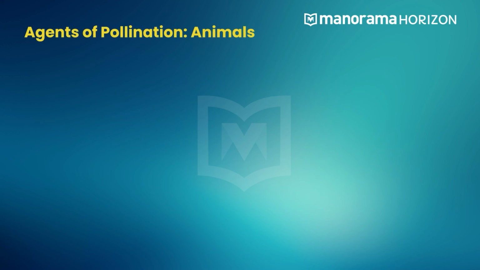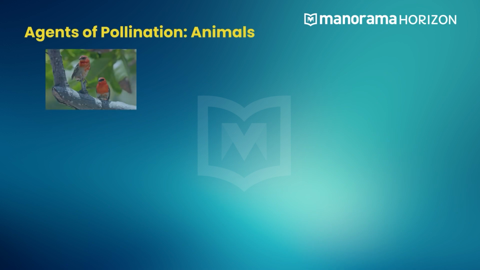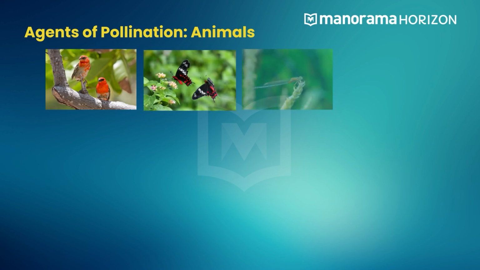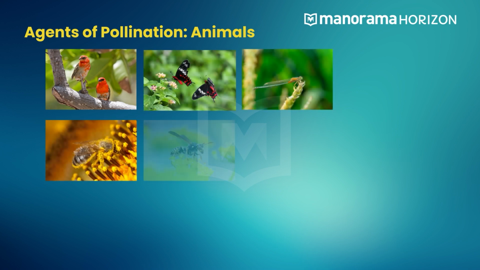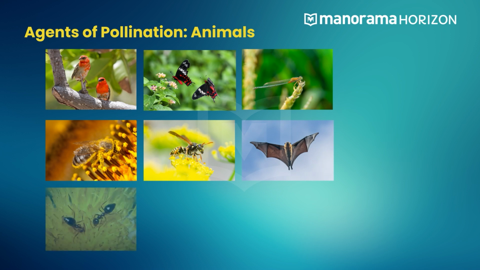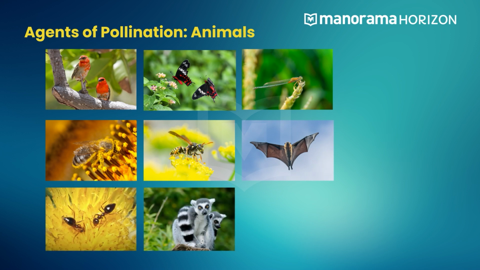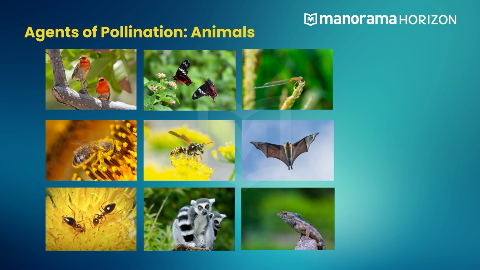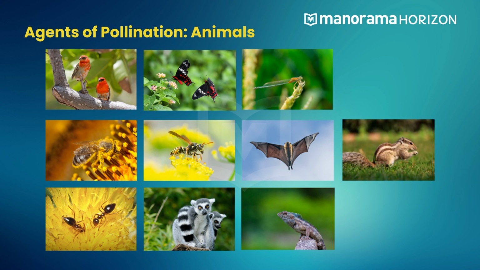Animals that mediate pollination are birds, butterflies, flies, bees, wasps, bats, and ants. Lemurs, some reptiles such as garden lizards, and rodents also serve as pollinating agents of some plants. Irrespective of the type of the animals, these plants produce flowers with various features to attract the respective pollinating agents. Let's see the features.